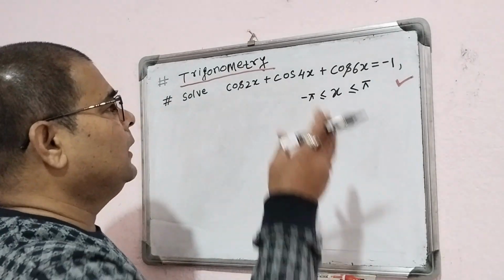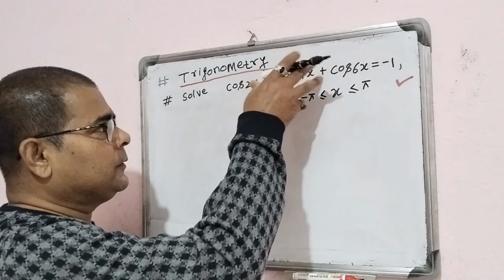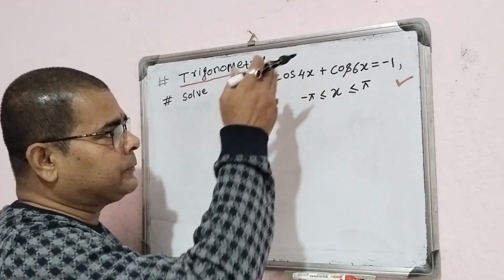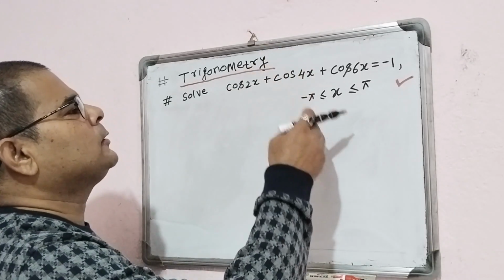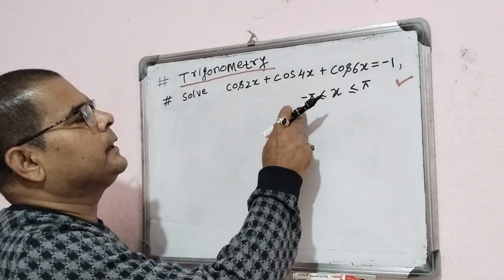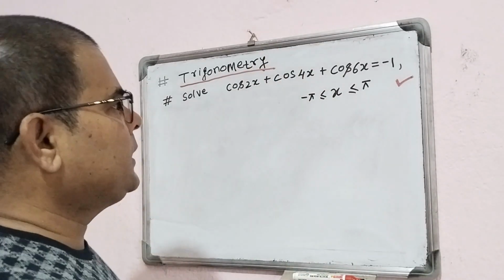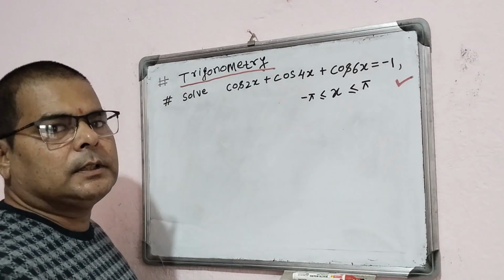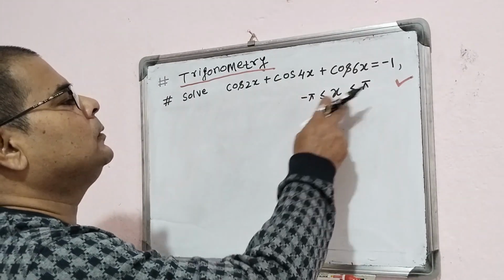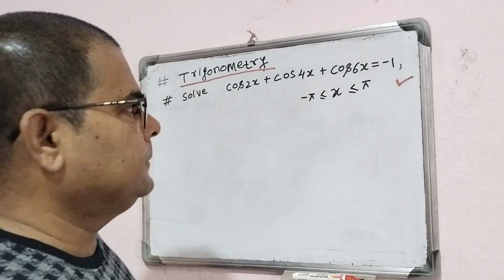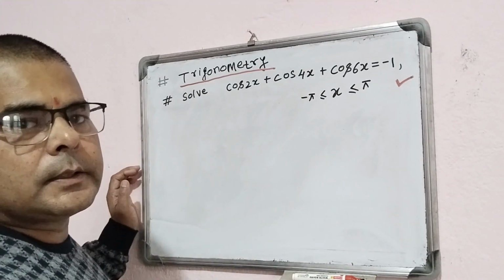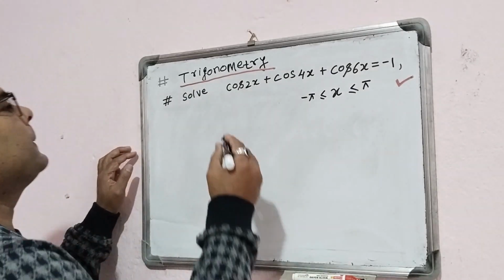I think all the values that we get after we solve it will fit between negative pi and positive pi. But still, you'll usually see in the problem that the range of values of x is given. So let's start solving this problem.